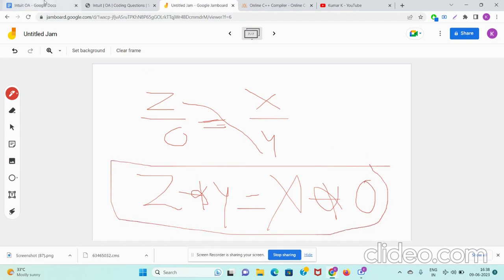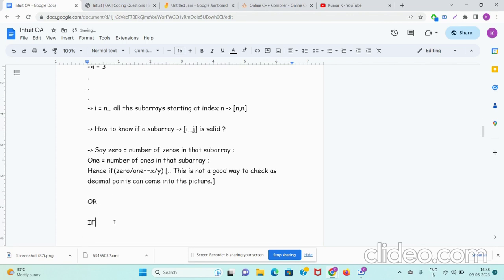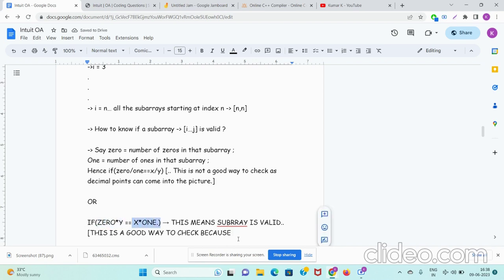If z into y is equal to x into o, this means the subarray is valid. How do we know that? This is a good way to check, because the left hand side of the equation and the right hand side of the equation both will remain integers only.